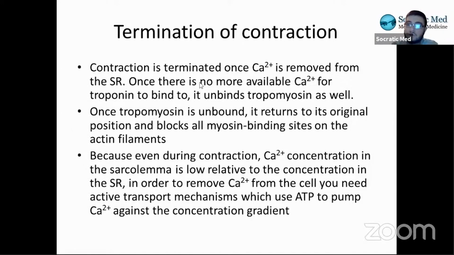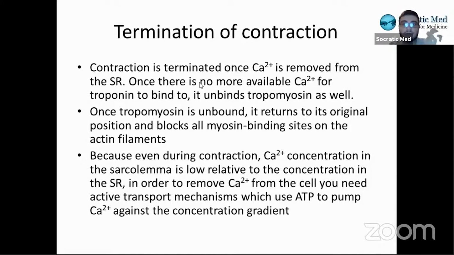This is also a big factor in why once you die, you have rigor mortis, you become stiff. If you have no ATP, you can't pump the calcium back into the SR. The calcium has to dissipate on its own somehow, but it won't do that very quickly because of the concentration gradient.